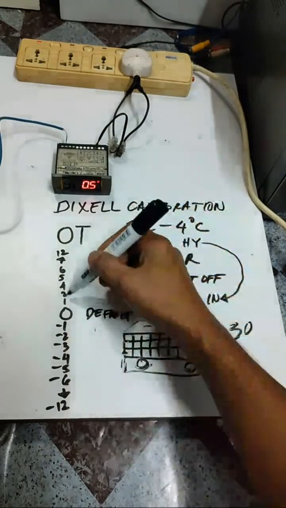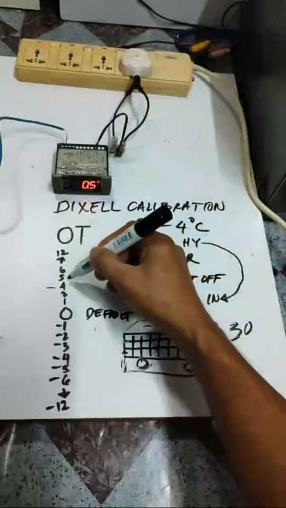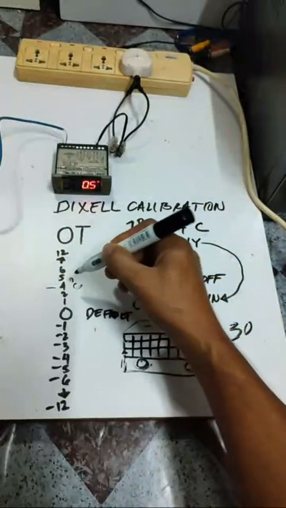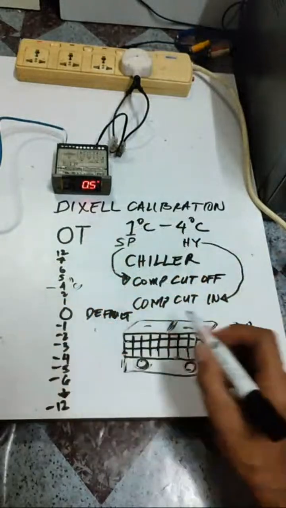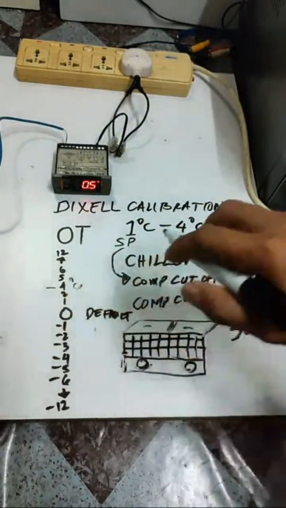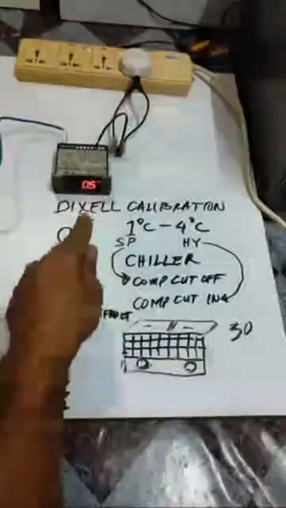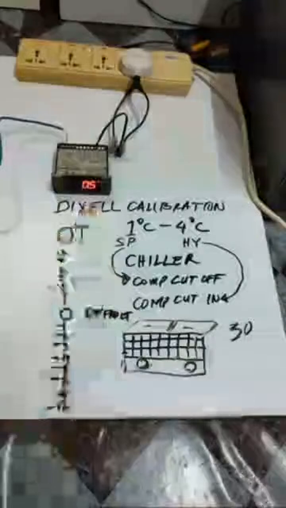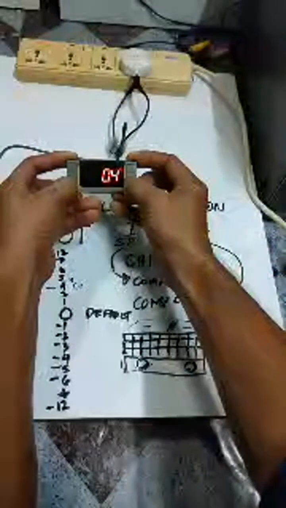Ideally I set that to 4 degrees Celsius. Why should I put 4 here? Because if we put 4, take a look, we go actual. We will check the actual, guys. Take a look, it's 0.4. Let's enter the calibration.